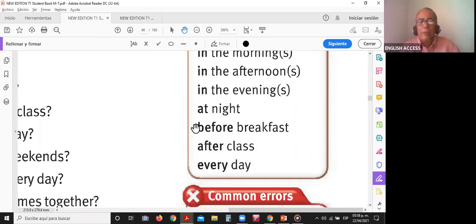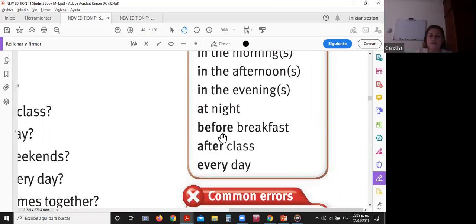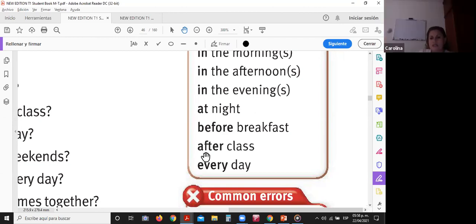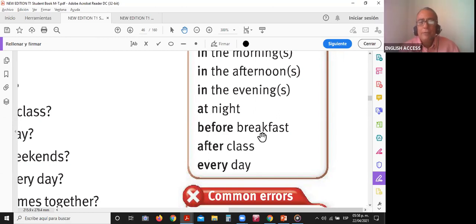And here we have more expressions. Before. What means before? After means después. Before, antes, exactly. Before breakfast, what do you do before breakfast?